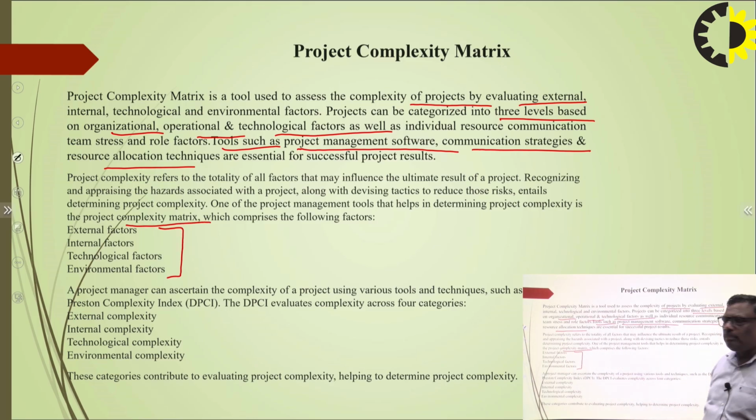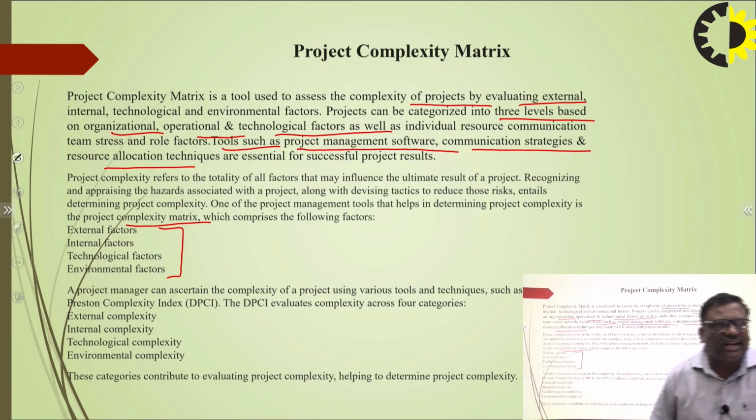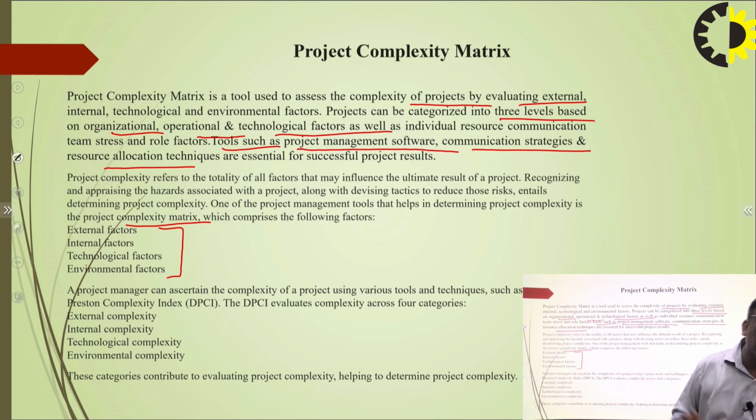So project complexity refers to the total of the factors that may ultimately influence our project. So recognizing and appraising the hazards associated with our project. So these are the 4 factors that affect our project.